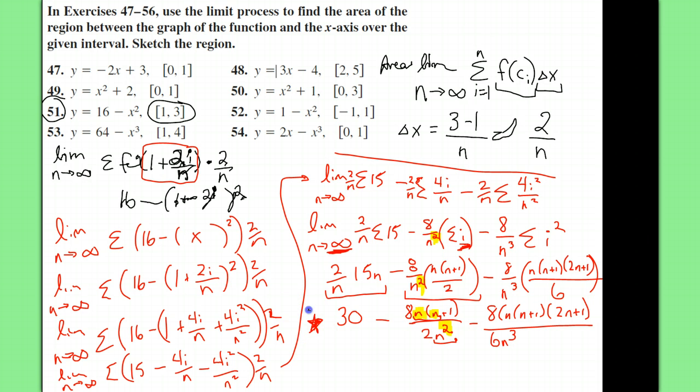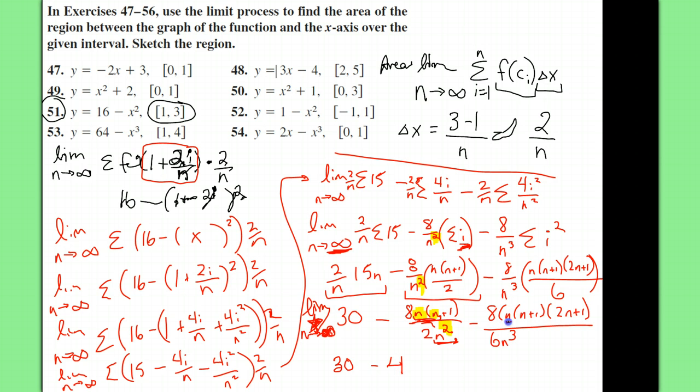So when I take the limit as n goes to infinity, the limit of 30 is 30, but the limit of this one is going to be 4.